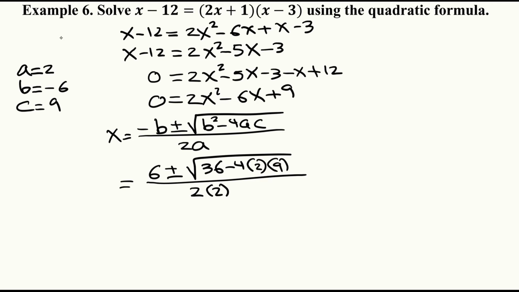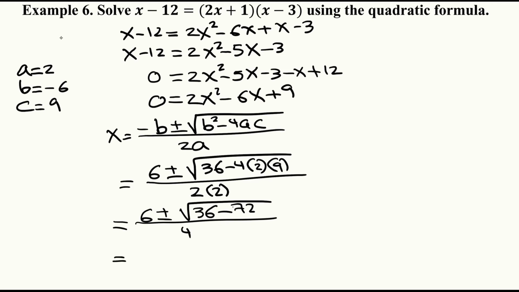So we end up with 6 plus or minus square root of 36 minus 72. 8 times 9 is 72, over 4. That was a terrible fraction line. Let me try that again.